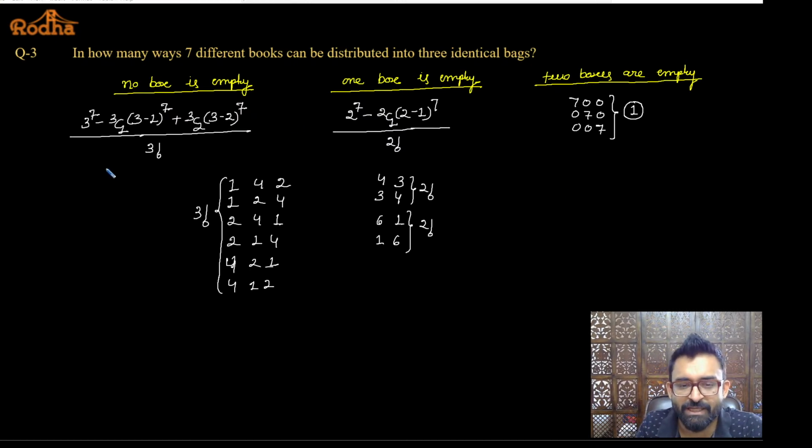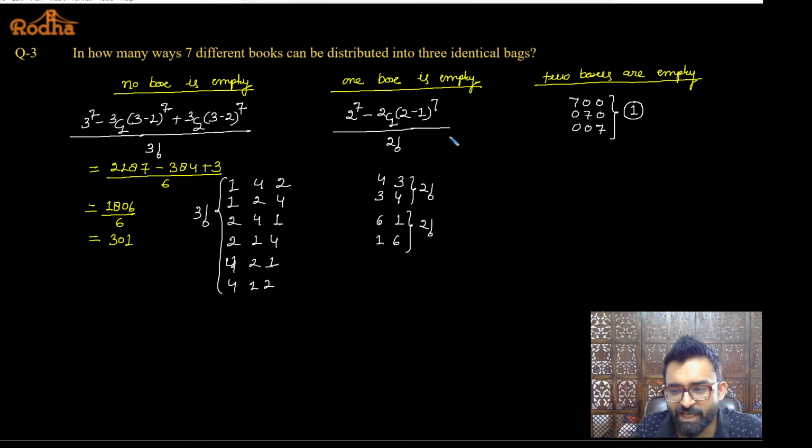If you try to solve this, it's going to be 3 raised to power 7 minus 3C1. 3 raised to power 7 is 2187. 3C1 is 3. 2 raised to power 7 is 128, into 3 is 384, plus 3, divide by 6. So this is going to be 1806 divide by 6, so that is going to be 301.